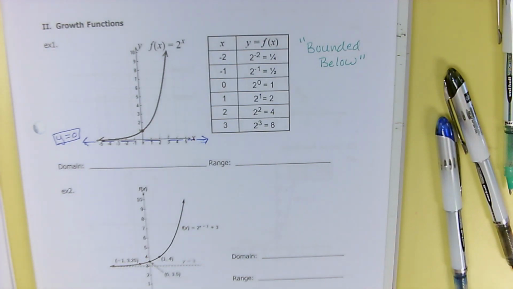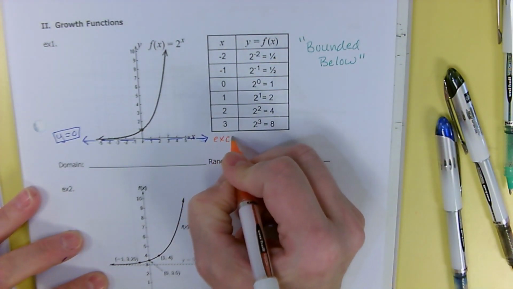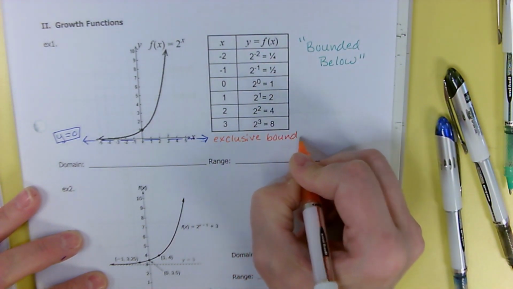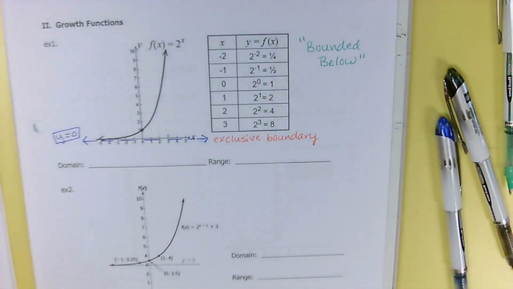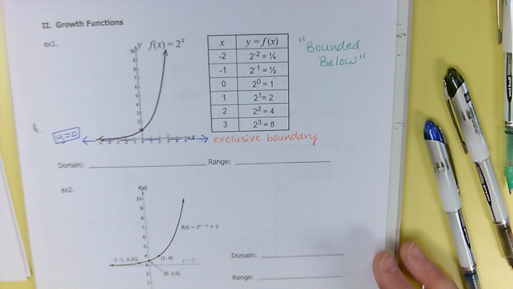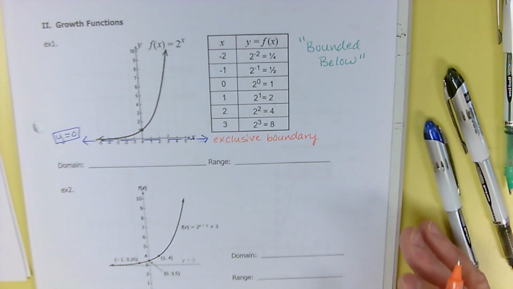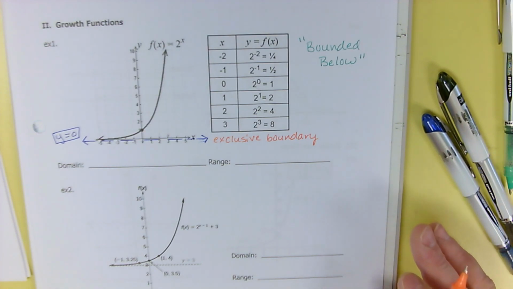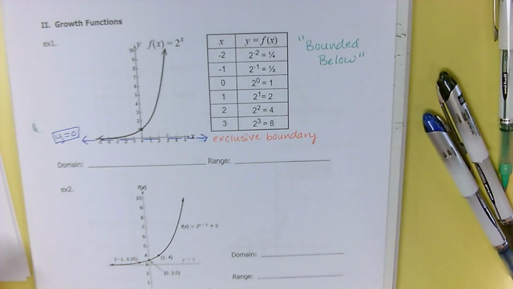The asymptote itself is a boundary, and since the line can never actually touch it, it gets infinitely close, it's called an exclusive boundary because the 0 itself is not one of the solution points. It just gets really close. So this is like the fence you don't own. This is the fence that bounds the property. That's your neighbor's fence, but it still is a boundary between you two.